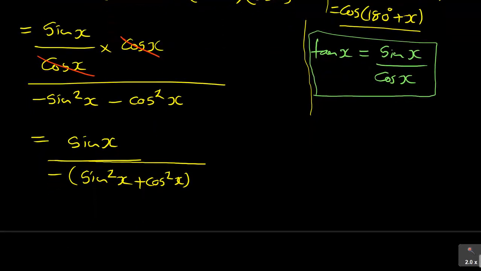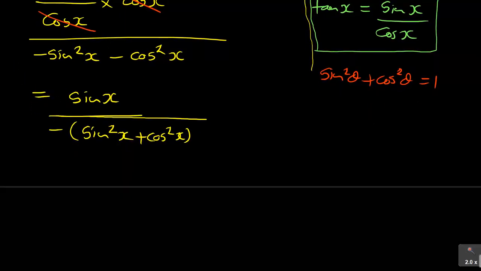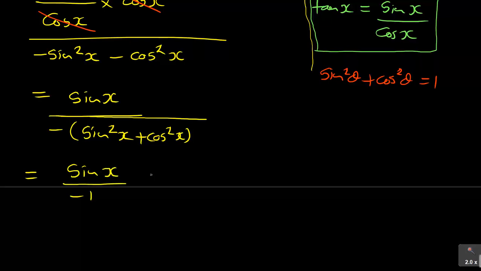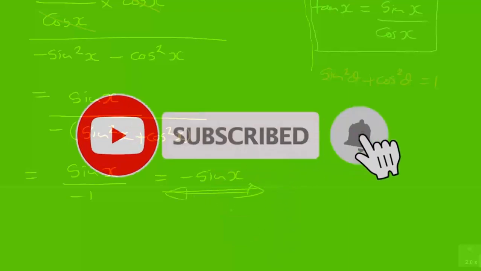Again, going ahead of myself, you need to know this identity which says sine squared theta plus cos squared theta is equal to 1. You know it's an identity that is given. So what it means here, you are going to say this is equal to sine x over minus 1, and the answer is negative sine x. So that is actually what the whole thing simplified to at the end of the day.